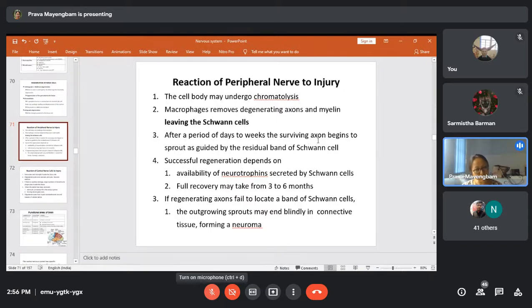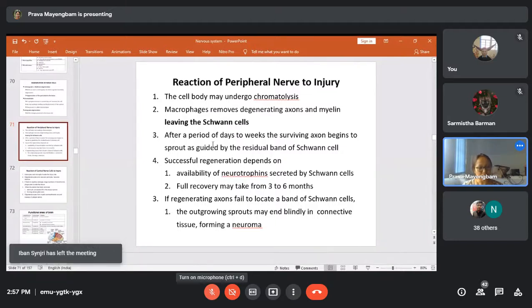Do you remember when we discussed the oligodendrocytes, these glial cells? Their main role is in providing the nutrients. Like that, these Schwann cells will be helping the axon to sprout out.